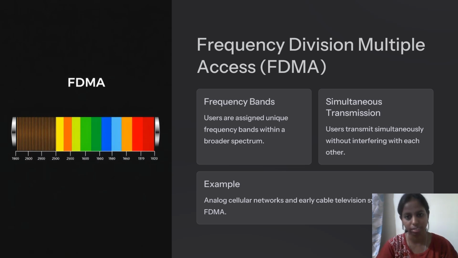We have the advantage that users transmit simultaneously without interfering with each other. Examples are analog cellular networks and early cable television systems, like the analog cellular networks where we were using landline phones for communication.